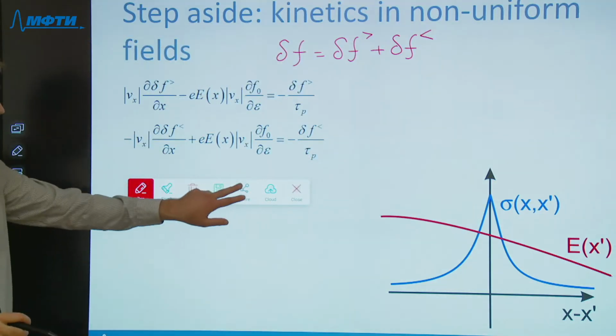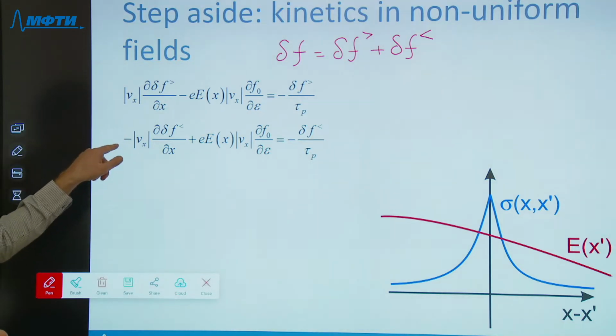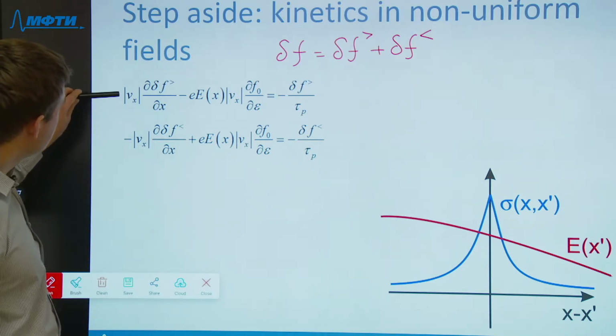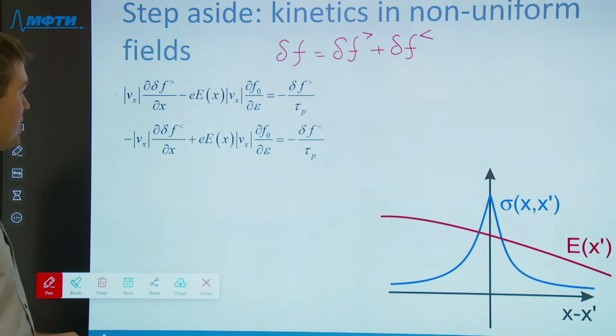These carriers have equal moduli of velocity, but the sign of the velocities could be different. So this difference is reflected in the sign in the kinetic equation here.